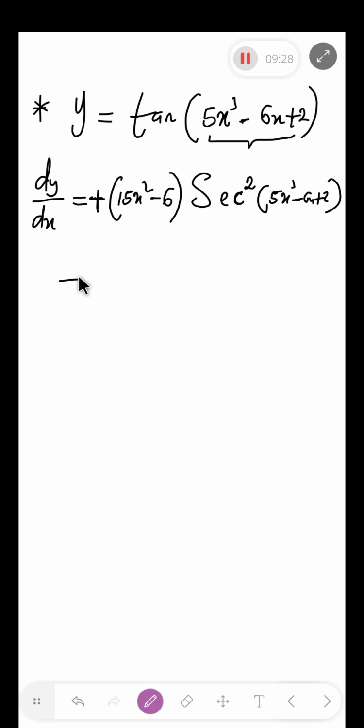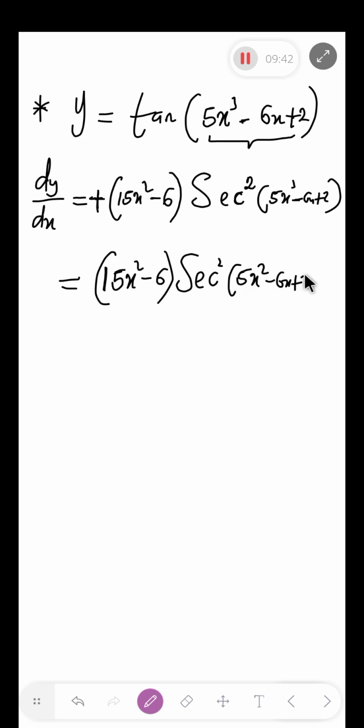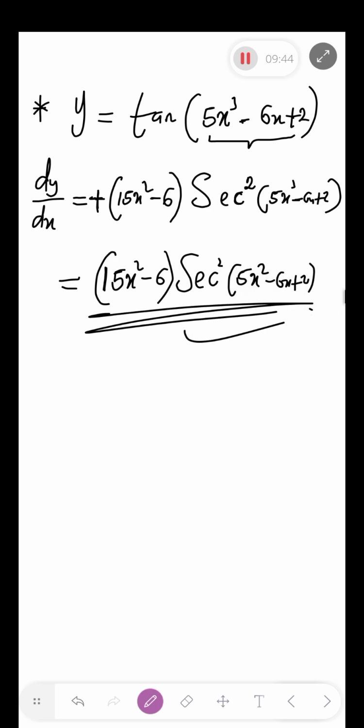So therefore, if you have this question, the derivative is trivially written as this. This is the dy dx: 15x squared minus 6 of sec squared of 5x cubed minus 6x plus 2. As simple as ABC, that's the final answer. Without stress. Let's take another example.